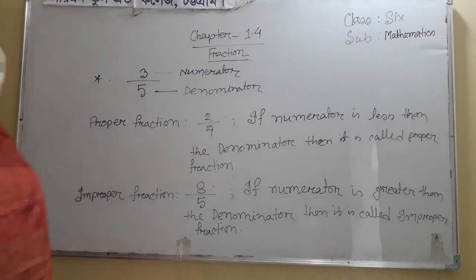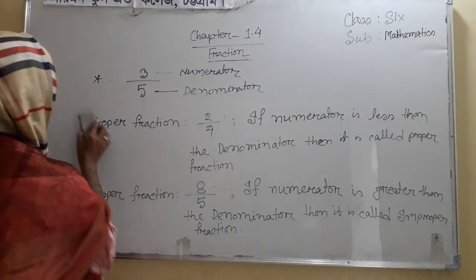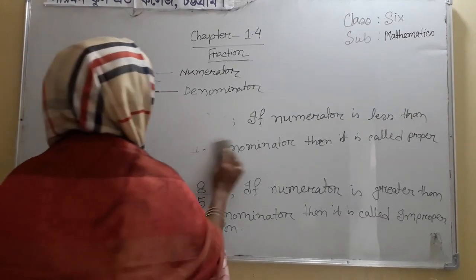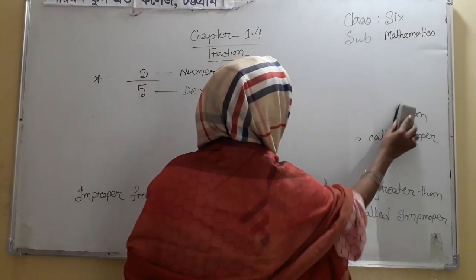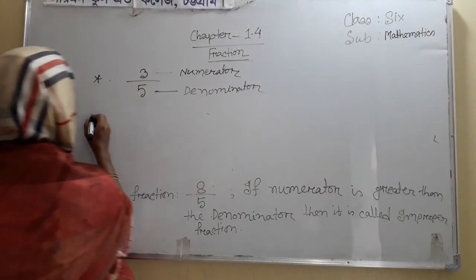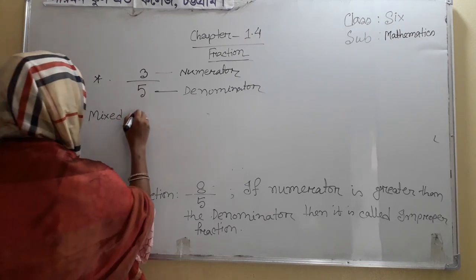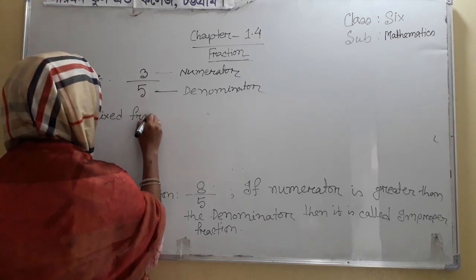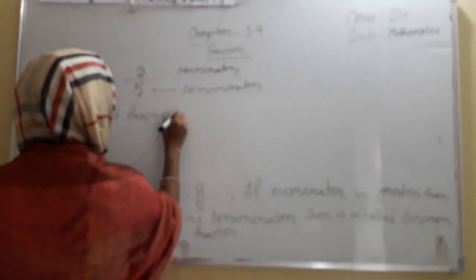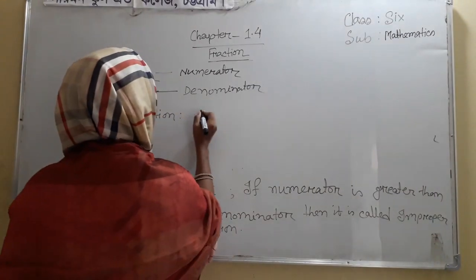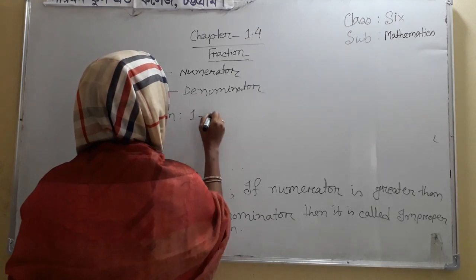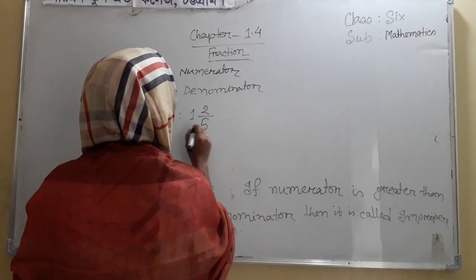Now the other fraction is mixed fraction. Mixed fraction is 1 and 2 by 5.